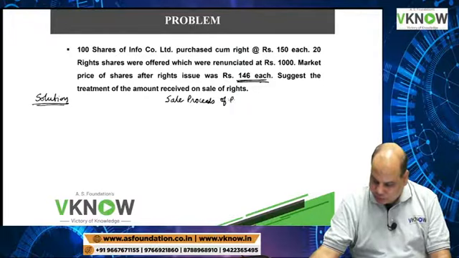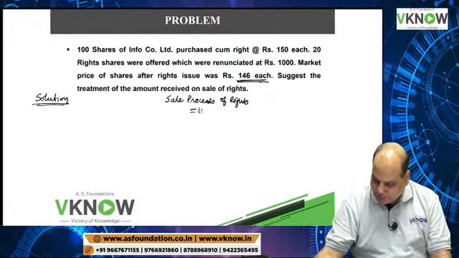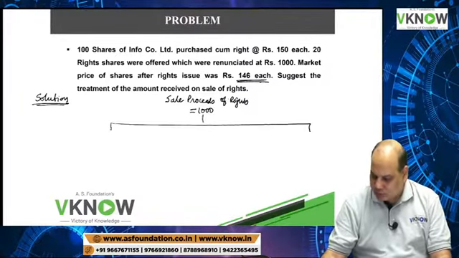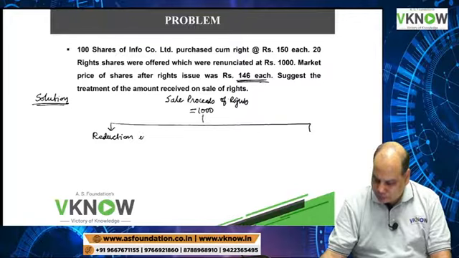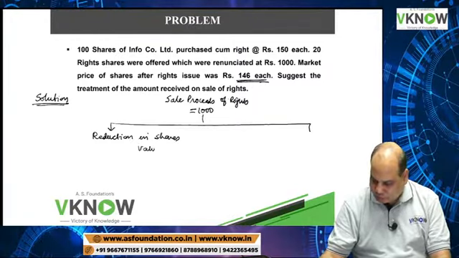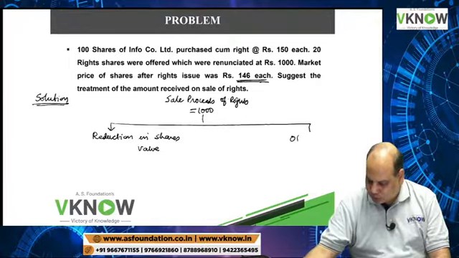The sale proceeds of rights is given to you as 1000 rupees. This time I am going to credit some portion to the investment account and some portion to the P&L account.